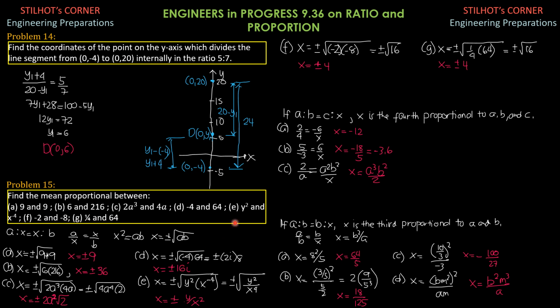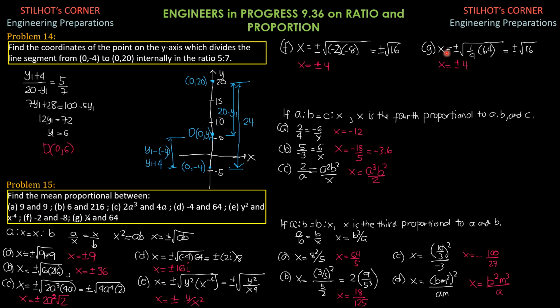Part E, mean proportional is plus minus square root of y squared times x to the negative 4. So that would be plus minus square root of y squared over x to the fourth, which is plus minus y over x squared. Part F, x is plus minus square root of negative 2 times negative 8, which is plus minus square root of positive 16. Therefore, it is plus minus 4.